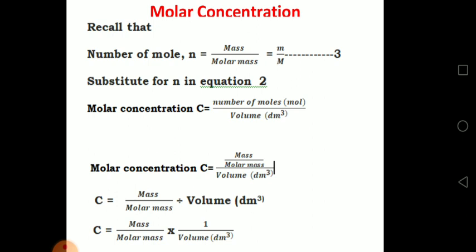So if you substitute the value of n, which is mass all over molar mass, then you divide by volume. So we have concentration equals mass all over molar mass divided by the volume. Now, I can as well write it as mass over molar mass times 1 over volume.